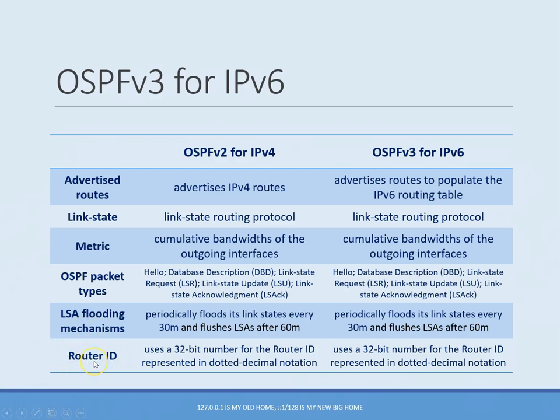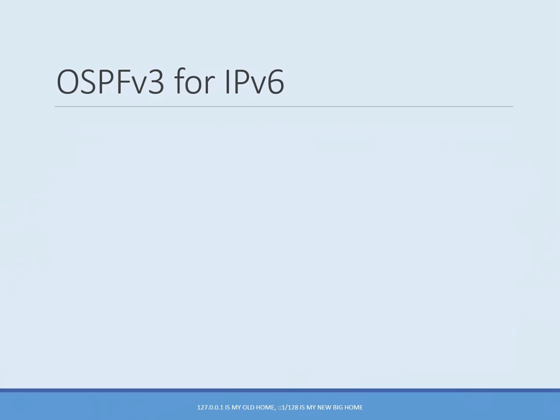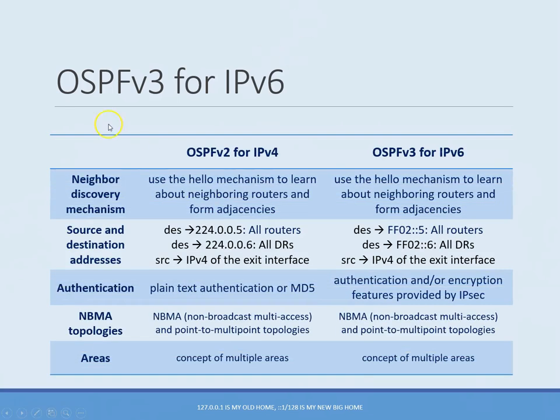In terms of router ID, both of these versions of OSPF use a 32-bit number for the router ID represented in dotted decimal notation. In terms of the neighbor discovery mechanism, the neighbor state machine, including the list of OSPF neighbor states and events, remains unchanged.